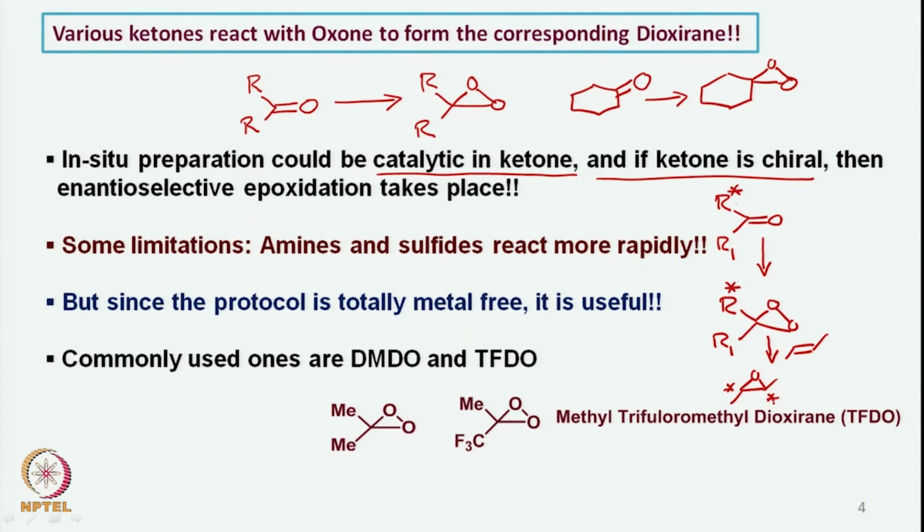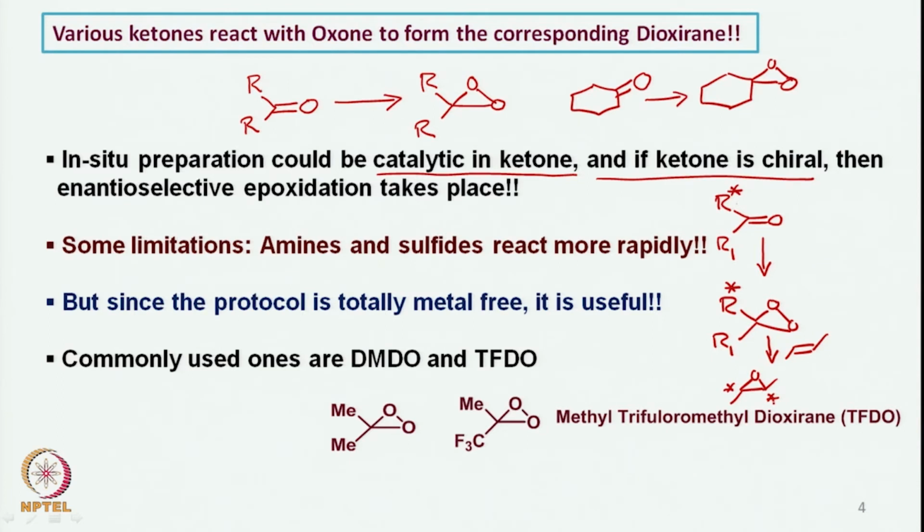So now epoxidation can take place, but if we take a chiral ketone and have to use one equivalent of it, then it is not going to be a very easy process, nor a cheap one.